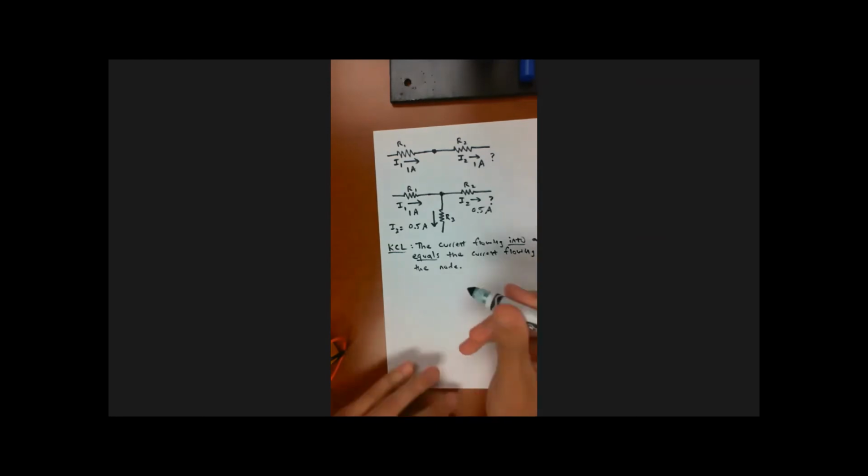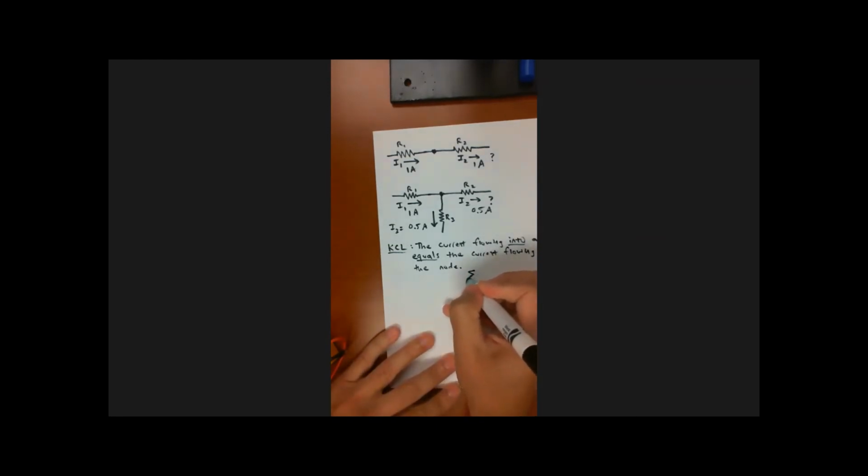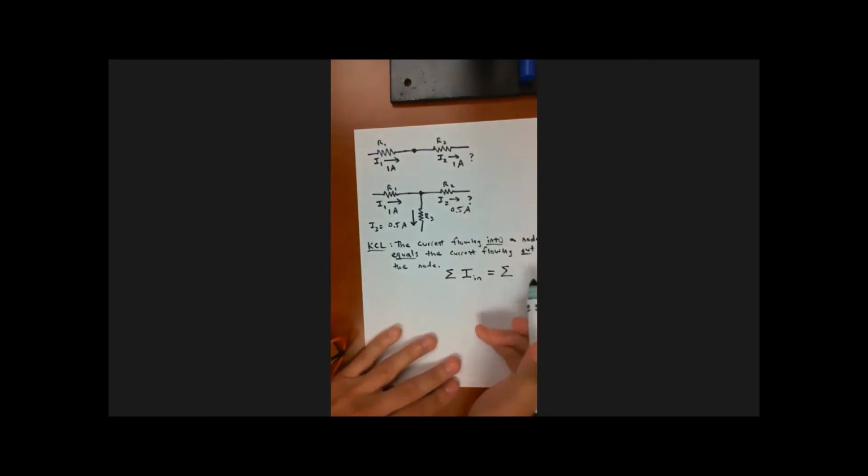So here's another way of writing it: sum of currents in equals the sum, that Greek capital sigma just means the sum of everything. The sum of the current in equals the sum of the current out.